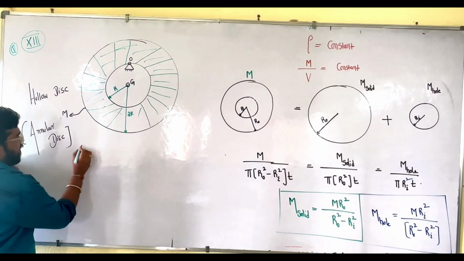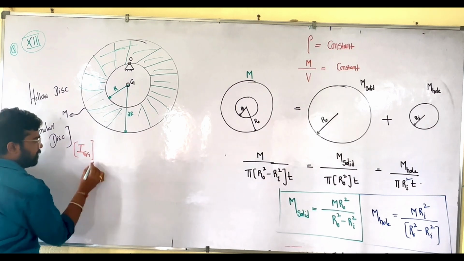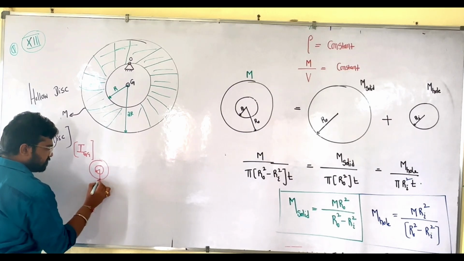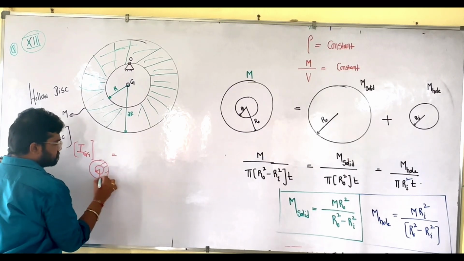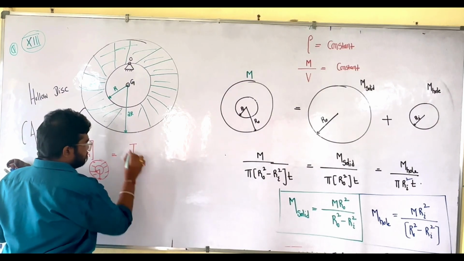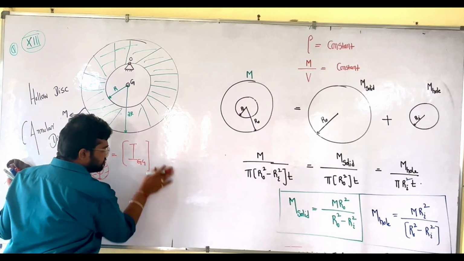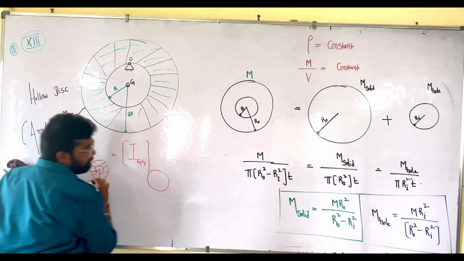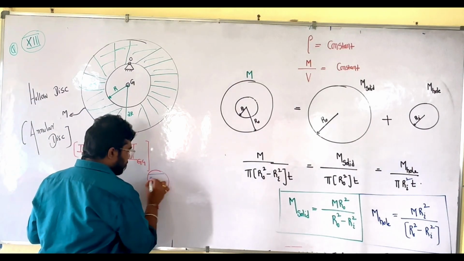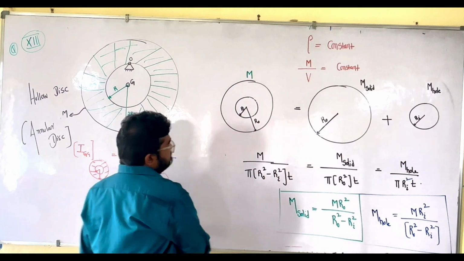I am interested in I_GG of the hollow disk, with inner and outer radius. How to get it? I_GG of the solid one, the entire part is solid, minus the hole.